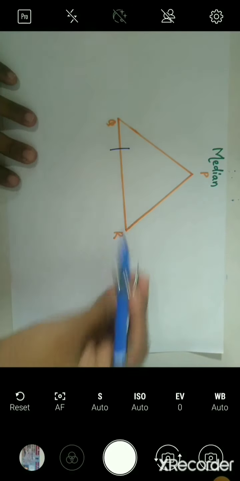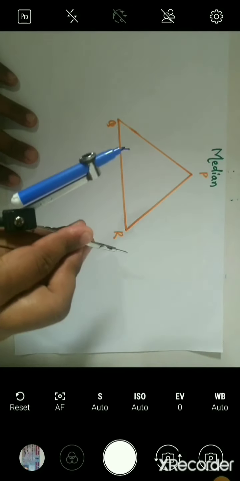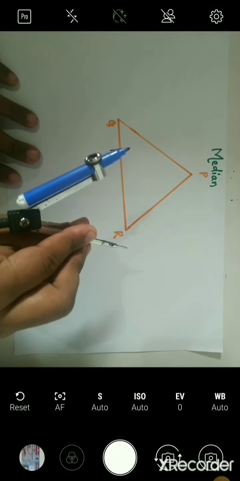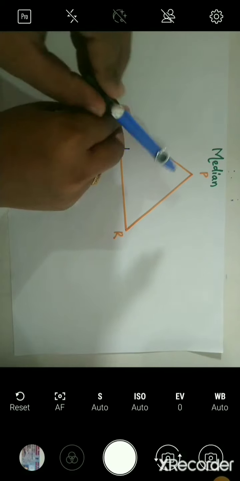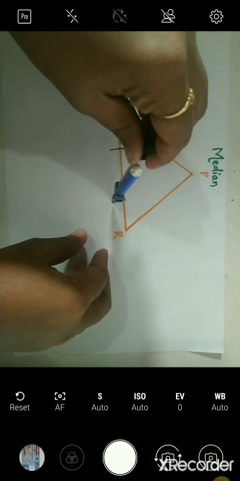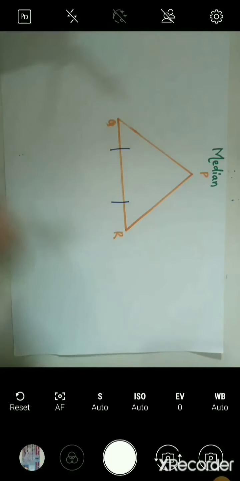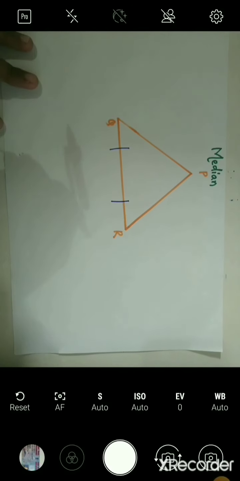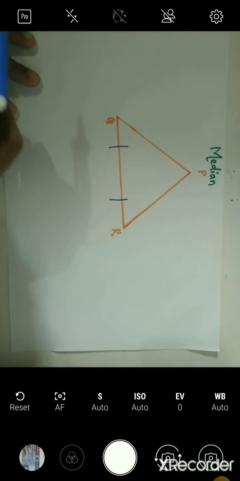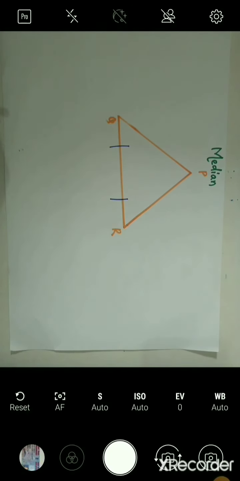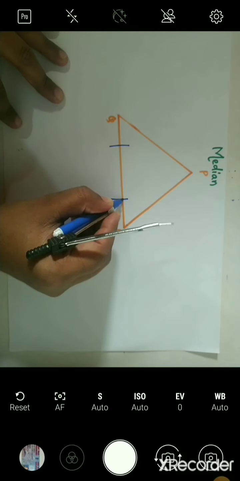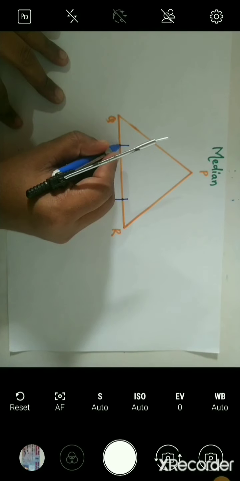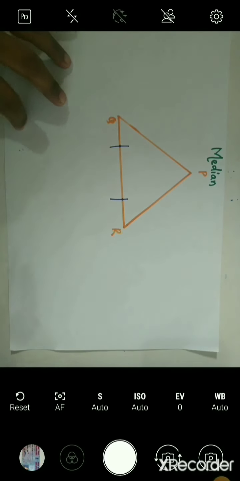You can see I have drawn an arc here. Now without changing this distance, I'll keep the pointer on Q and draw another arc on this side. So we have got two arcs here.